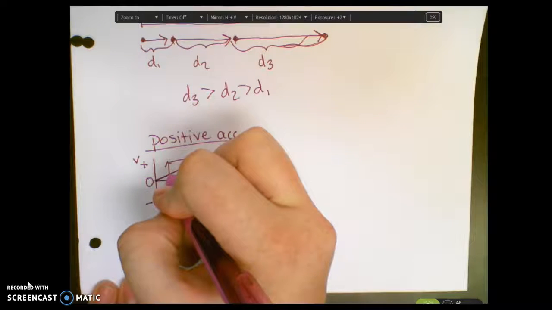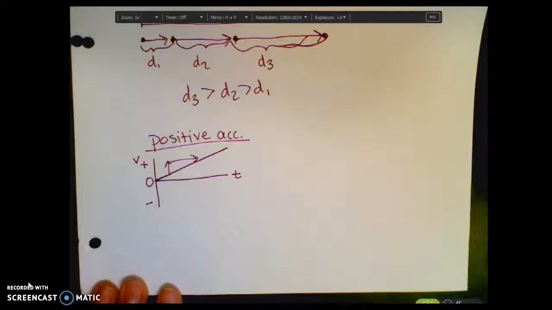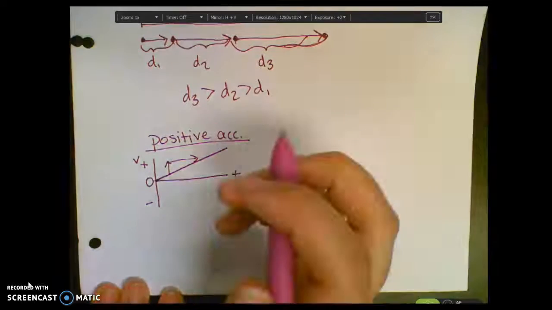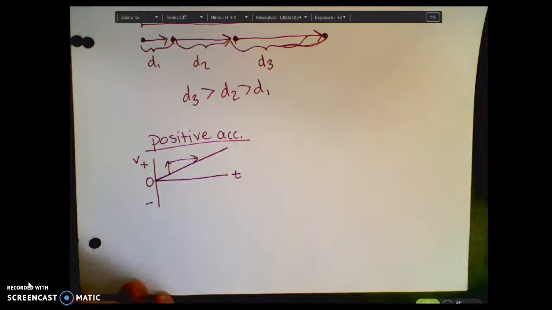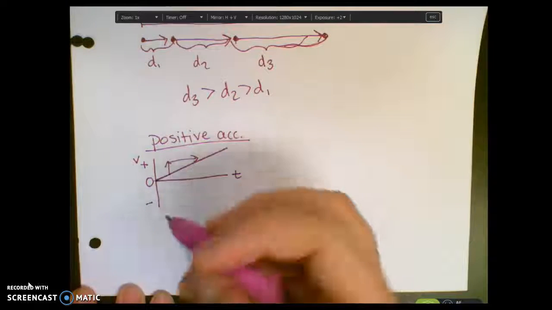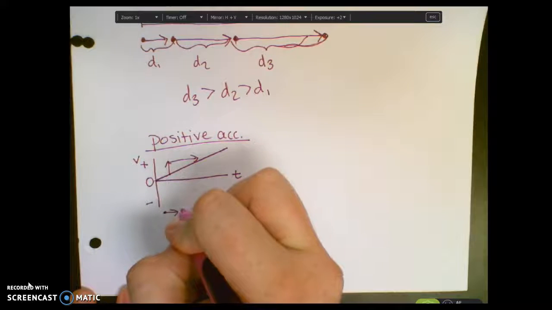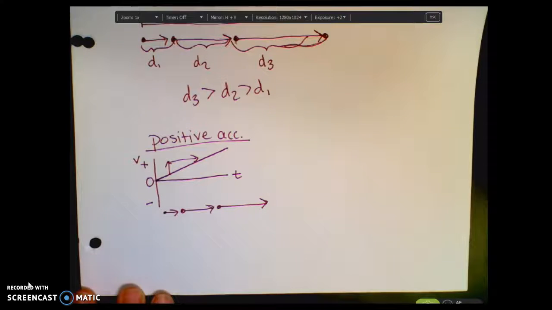So the slope here is the change in velocity over a change in time. So that slope represents our acceleration. So this is one case for positive acceleration, speeding up to the right. I'll draw arrows to represent that. So there are my arrows speeding up to the right.